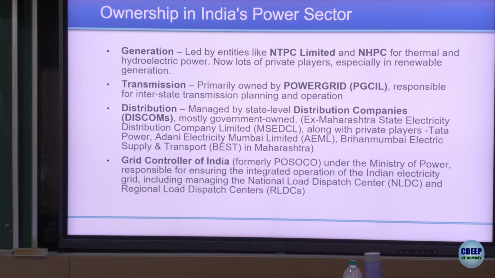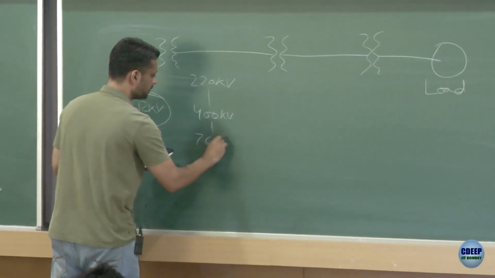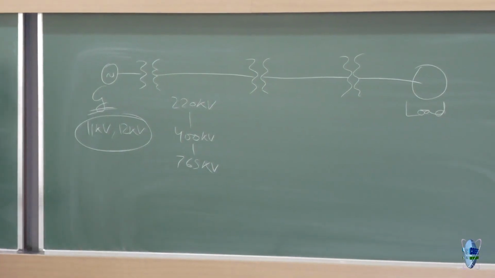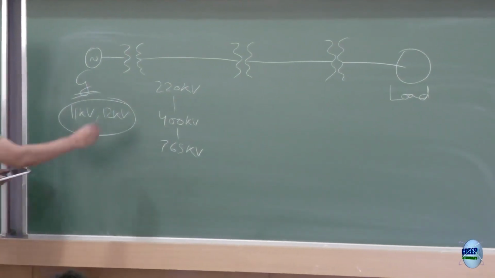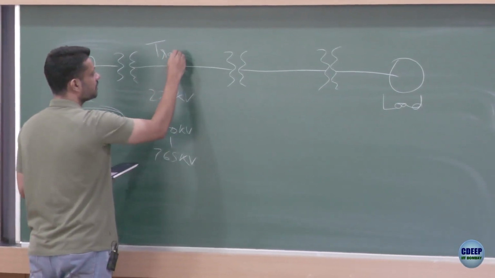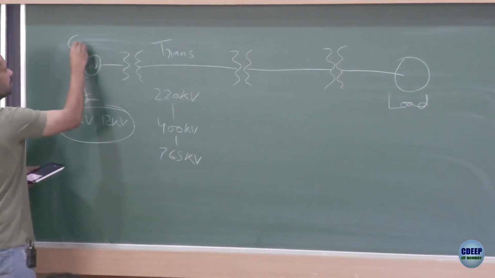So these get stepped up to different values ranging from 220 kV to 400 kV to 765 kV. These are all kilovolts, so 765,000 volts. You step up using a transformer, you do transmission, this is mainly transmission, this is generation.